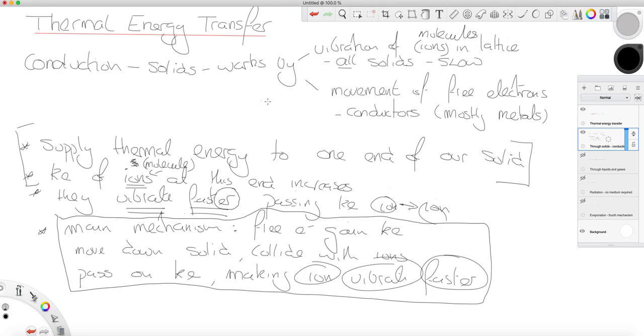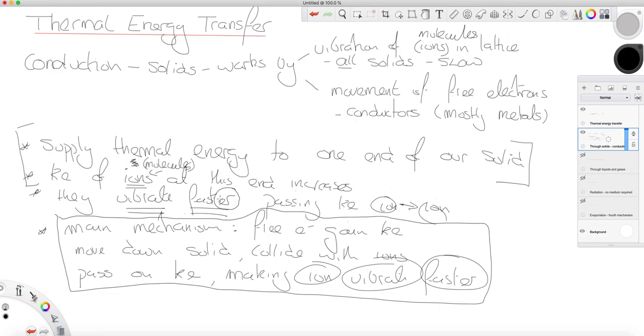So that's conduction. All solids, you have the vibration of the molecules, or the ions in the case of a metal, in the lattice, but that's slow. In conductors, you have the movement of free electrons, and that's almost exclusively metals. The process: you supply thermal energy to one end of your solid. The KE of the molecules in any substance, the ions in your conductor, at that end increases.